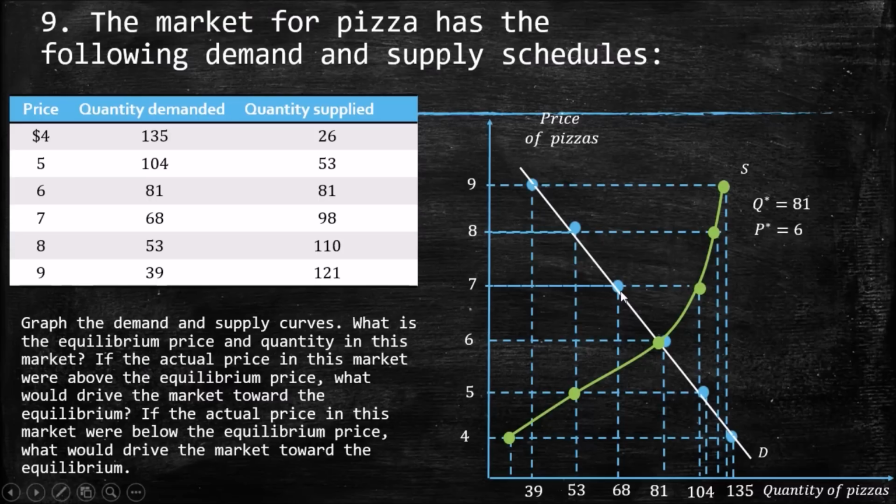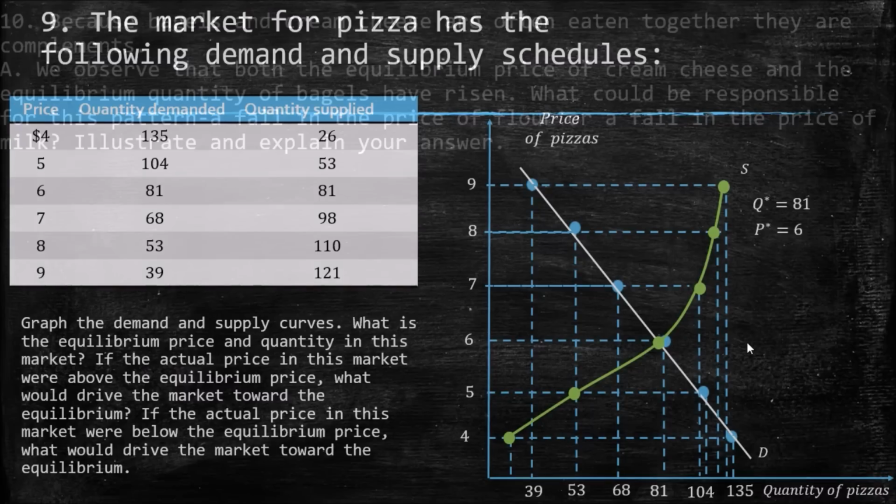So the suppliers can think that they can sell everything if they decrease the price from 7 to 6, and they will reach the equilibrium price and equilibrium quantity.